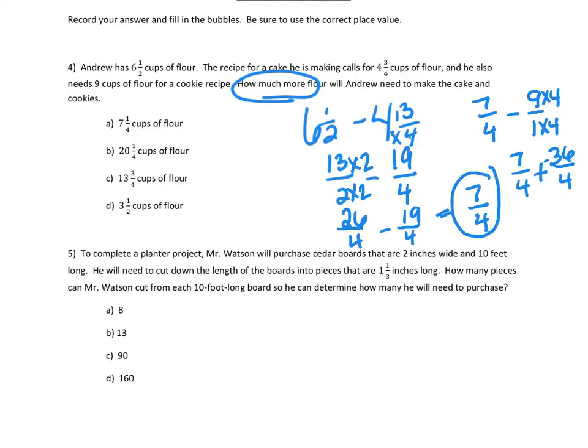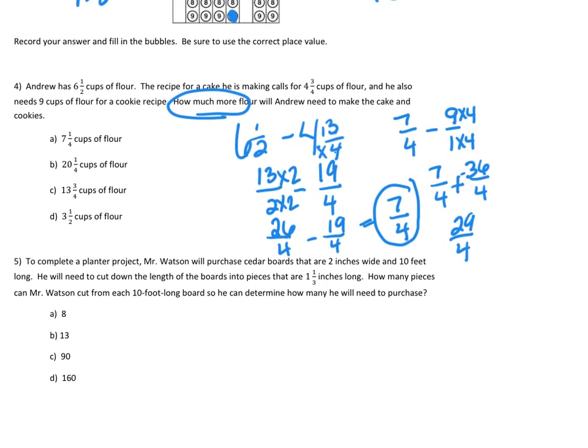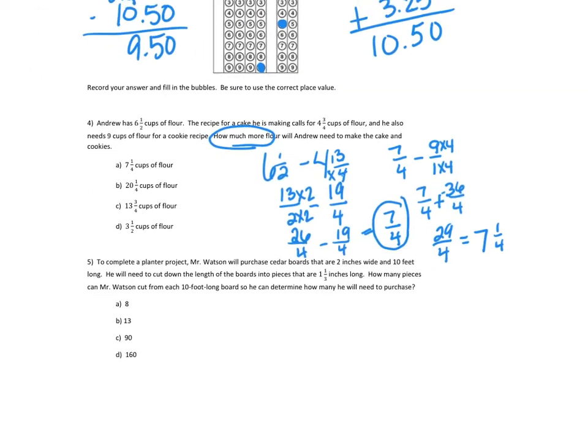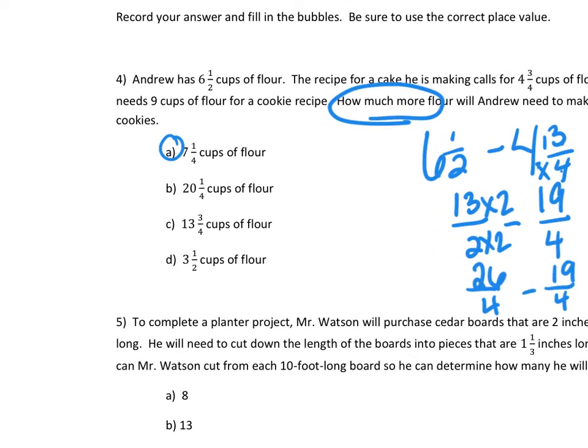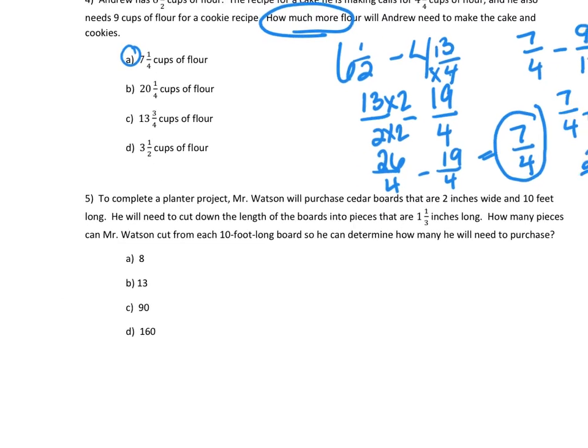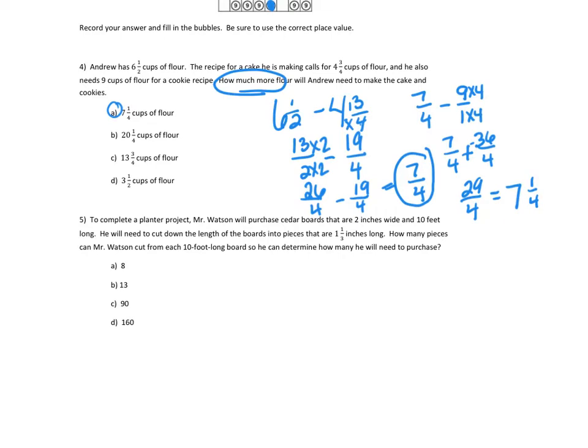Yes? Yes. You're looking at me like no. 29 fourths, so 4 goes into 29 7 times with 1/4 left over, which clearly is answer choice A. Okay. A lot of steps: integer rules, fractions, adding and subtracting fractions, common denominators, all that stuff that we reviewed.